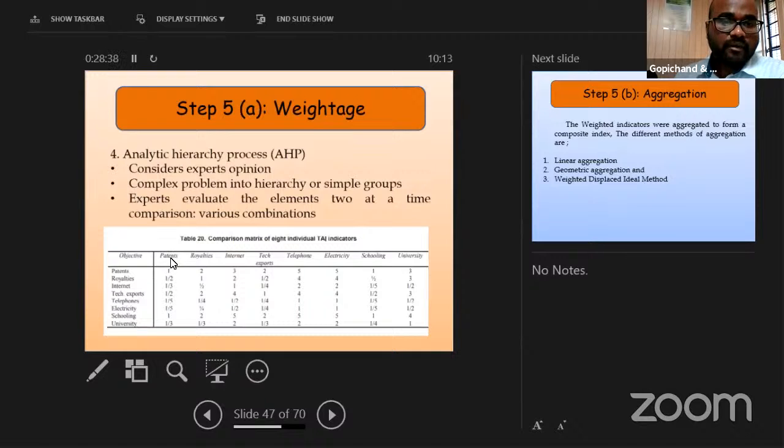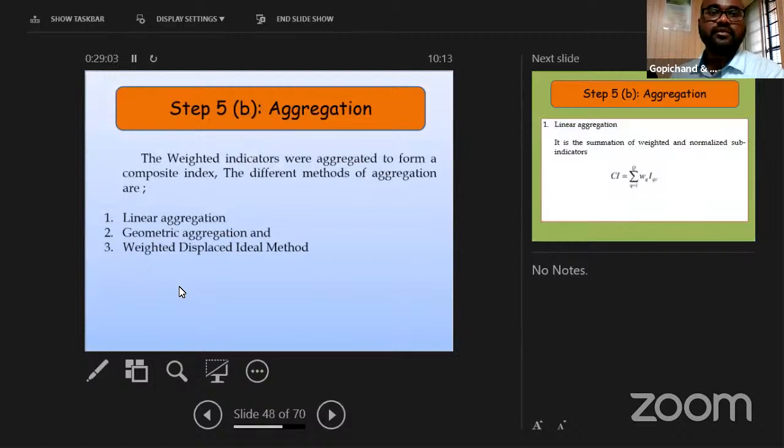Here in the first column, patents and royalties are there. The judge scored patents over royalties. We take one by two. The judge will rank them, which is important in the analytical hierarchical process. Based on the means, we will calculate the weightage. Coming to the aggregation, we have taken the weights now.